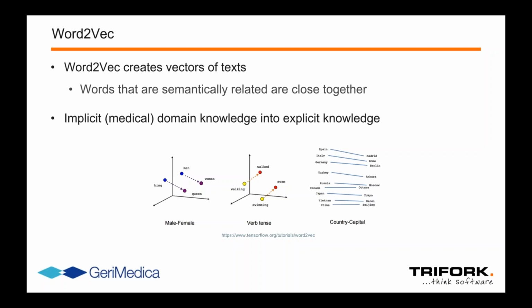So, for example, in the first image on the left side, you see that the relationship between king and queen and man and woman is actually a similar relationship. And to be able to get that from just plain text is a really powerful tool, because it basically means that we can take very implicit information and actually get the relationships from that.